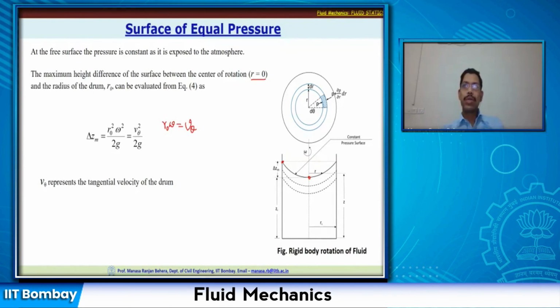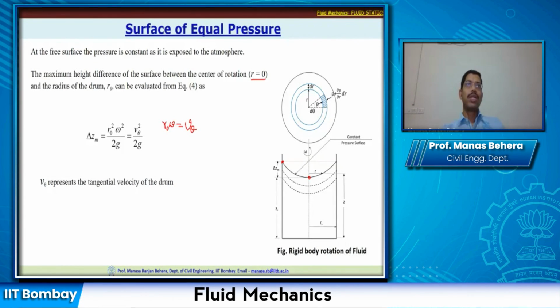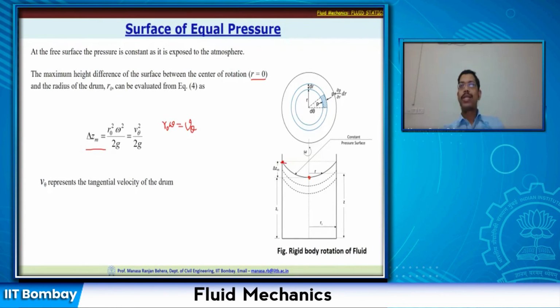So the velocity with which the drum is moving will be r0 ω, and if you substitute that, you will be able to get the elevation Δzm, that is between this point or the free surface at the wall of the tank and at the center of this concave shell. Okay.